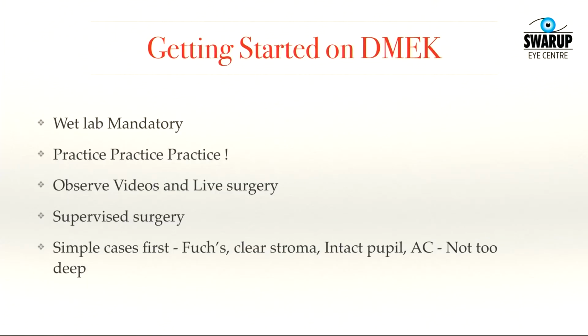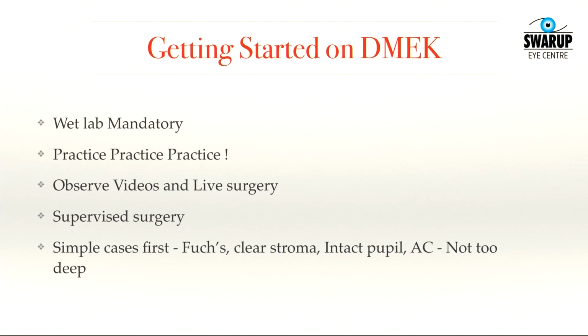So when one is getting started on DMEK, it's important to go for wet lab. You may be able to do many corneal surgeries without really doing a wet lab practice, but this is one surgery which you cannot do without a wet lab practice. So practice, practice, practice, both the recipient steps as well as the donor steps. It's important to observe videos and live surgery, both online, and see an experienced surgeon operating DMEK.